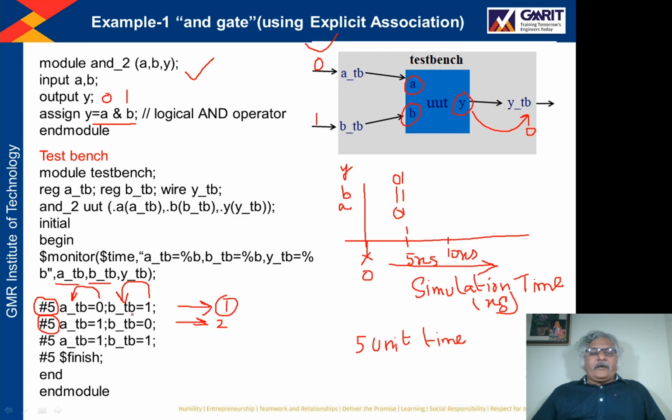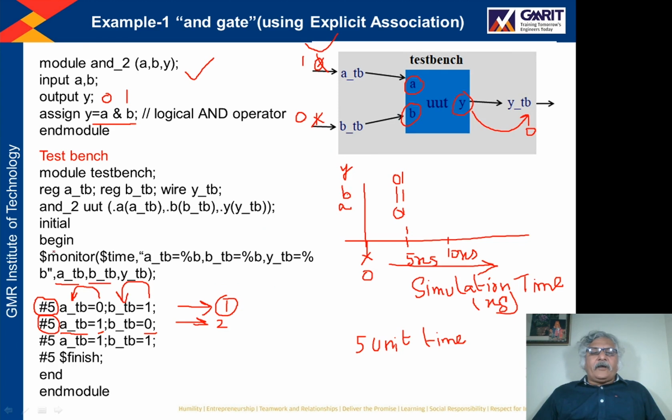So now at 10 microsecond, A_tv will have value 1, B_tv will have value 0. So now this value will change to 1 and this value will change to 0, and this will happen at 10 microsecond. When this happens, again there is an event on A_tv and B_tv.